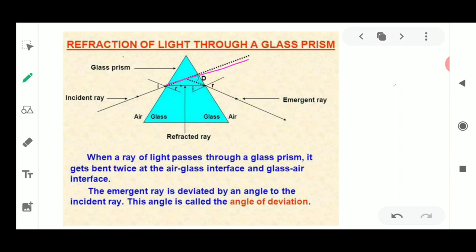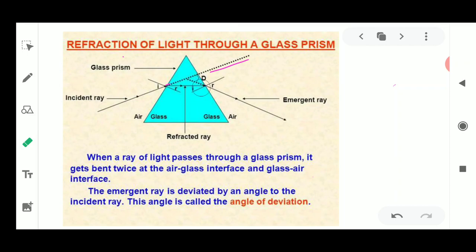Now if we extend this line backwards, we can see a difference in the angle. We can see this straight line coming from the light ray, which we are extending backwards. So it becomes the angle of deviation.